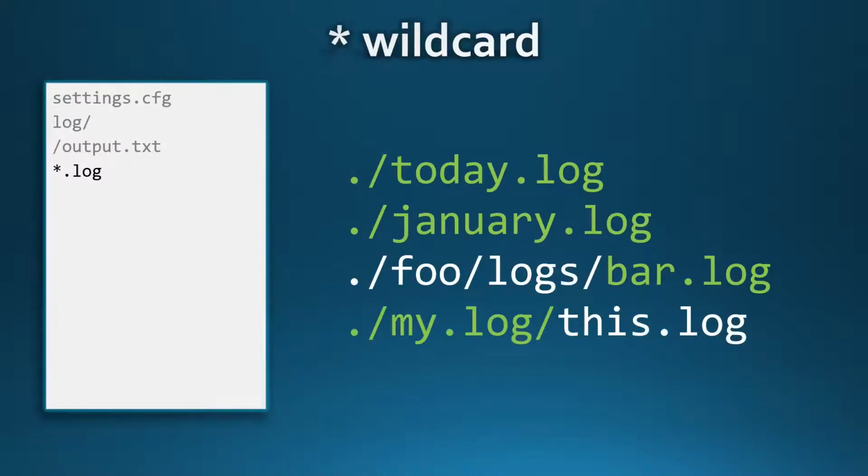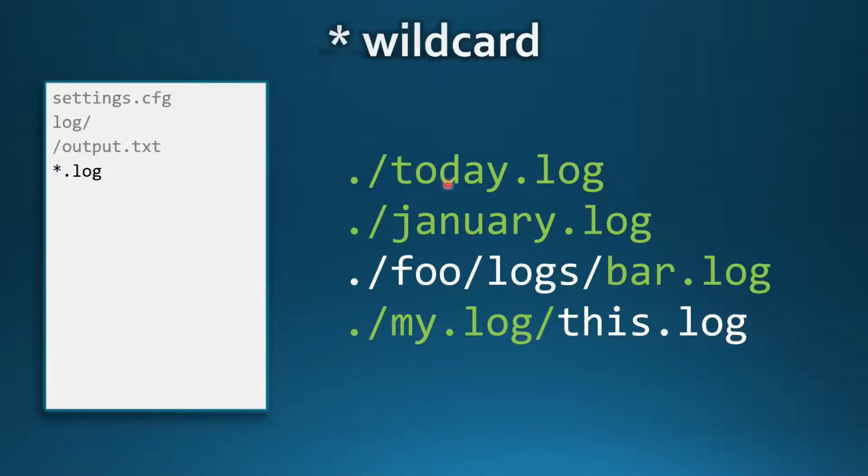The real power with .gitignore comes in what they call globs, which is a wildcard system for specifying file names. The first one, and the most common one you'll see, is the asterisk, or the star. An asterisk matches anything except a slash, so it's not going to match into directories here.